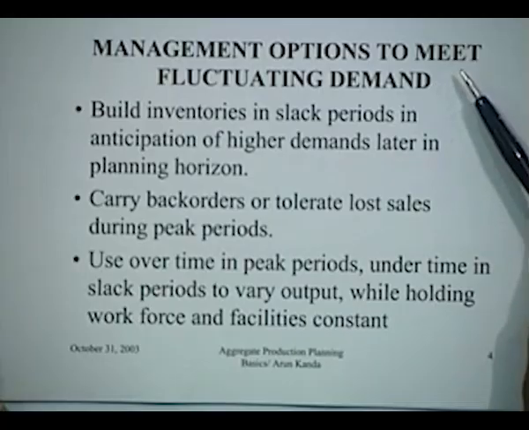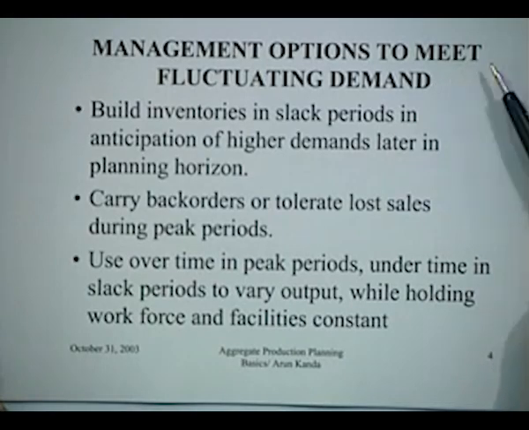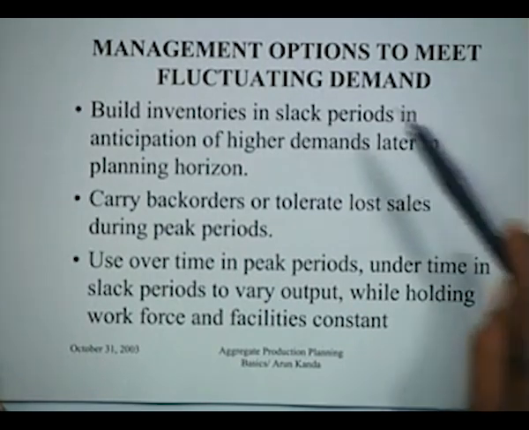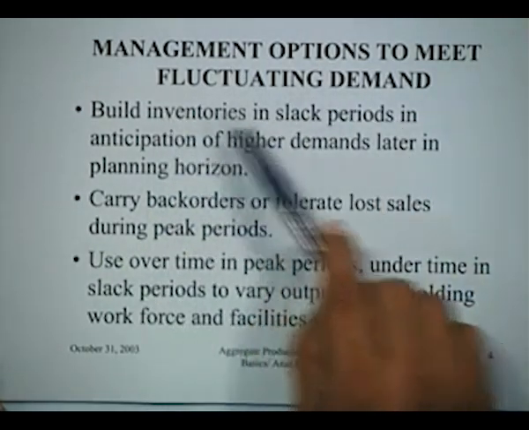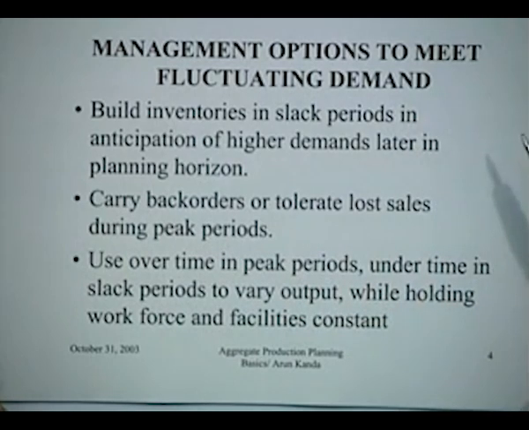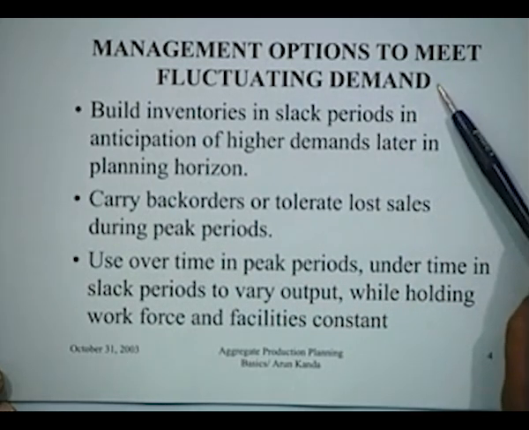But that is not what happens in practice. In practice, demands keep on fluctuating. You have to forecast these demands, and therefore let us be clear about the options that management has to meet fluctuating demand in any business. How can it meet a fluctuating demand?